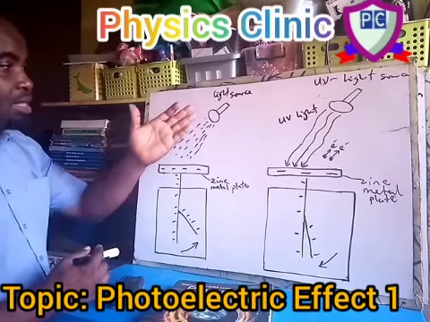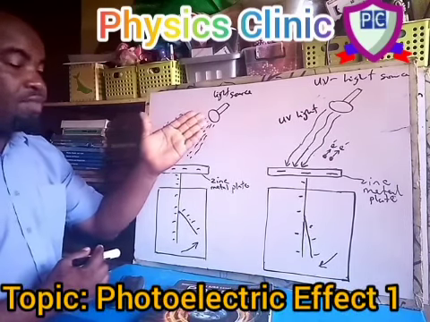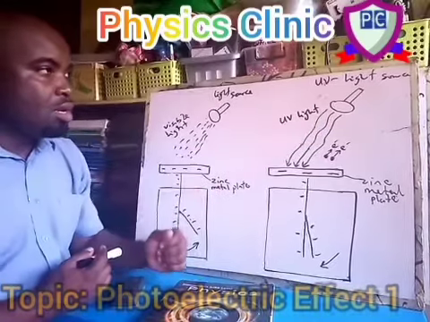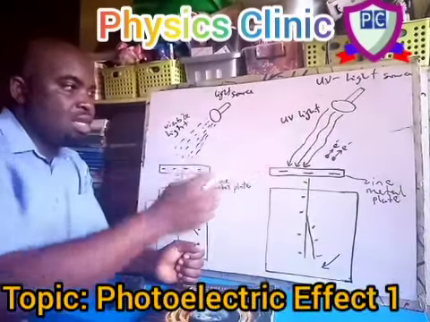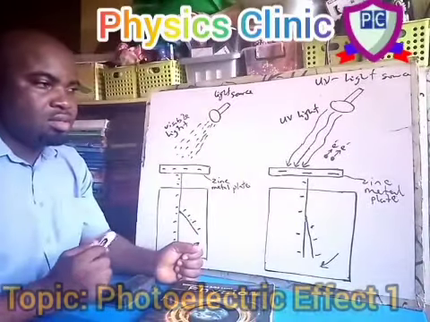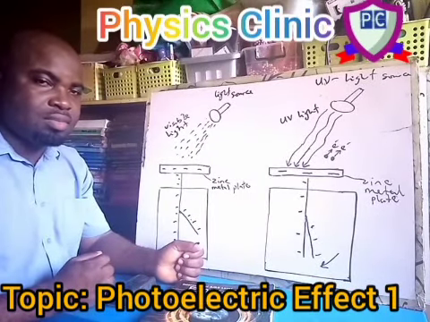Then we replace the visible light source with an ultraviolet light source, and we use the ultraviolet light to shine on the zinc metal.